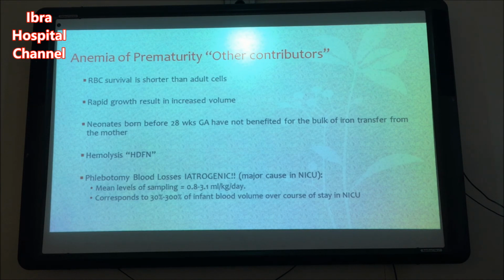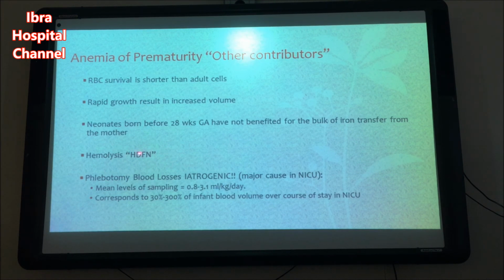A big chunk of the mother's iron is transferred to the baby to maintain his development and his need for iron for his first few months of life until he starts eating food that contains iron. So if the baby is born premature, before he gets all this large volume of iron, then he will be definitely anemic. So this is a very important reason. Hemolysis due to hemolytic disease of fetus and newborn.